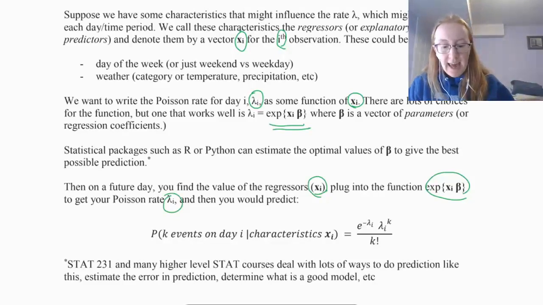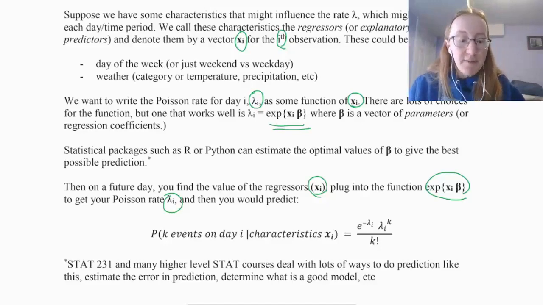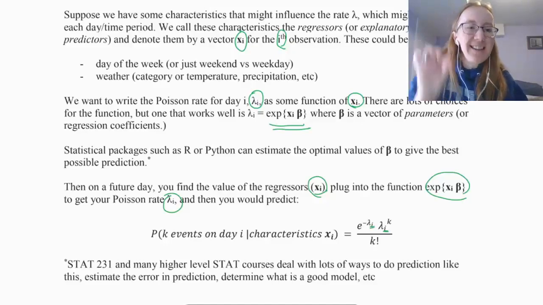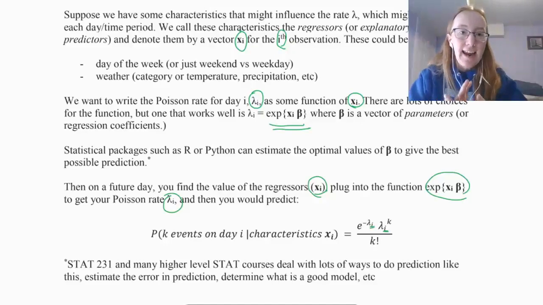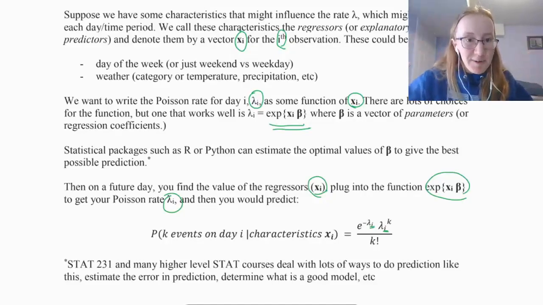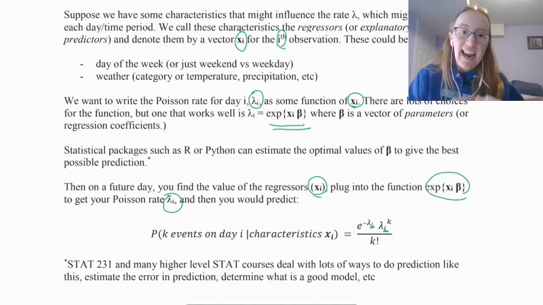The probability of k events on day i, given those particular characteristics xi, is the same as it was before. The only difference is we have lambda i in both places, because it's a specific lambda for that day, based on those characteristics. So you can predict the distribution of the number of events that are going to happen on day i using the characteristics that you know about day i.